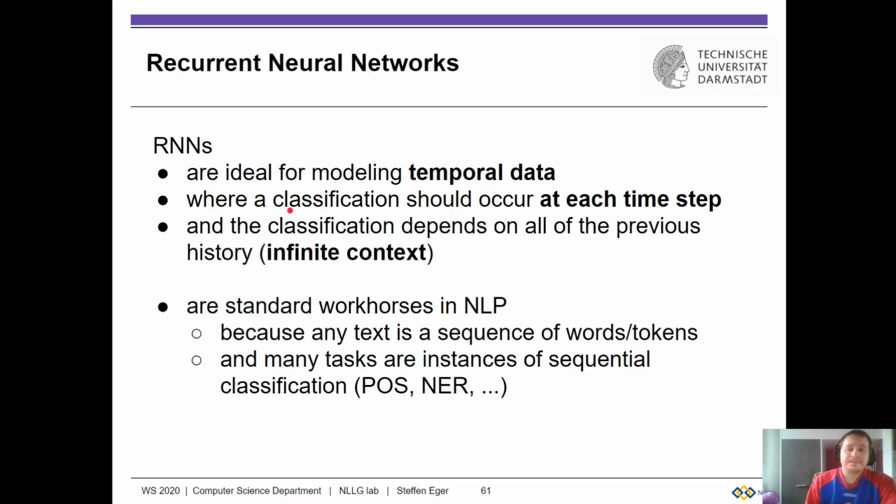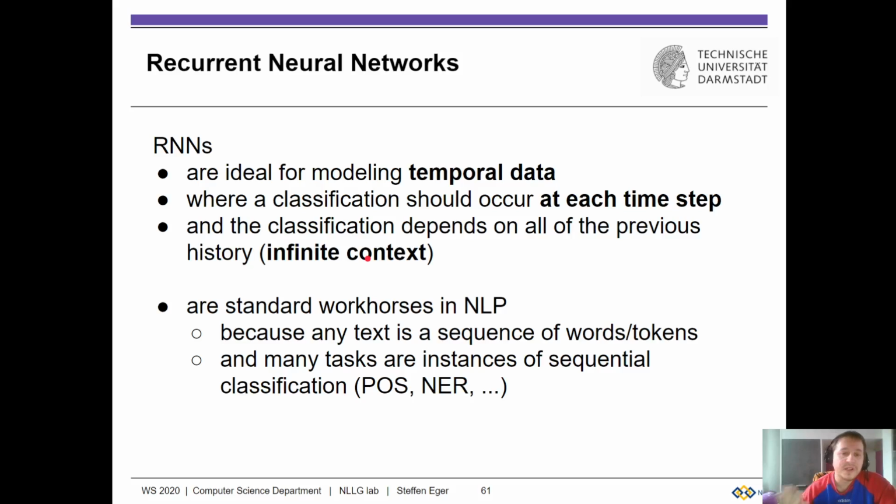So we have temporal data, and we want to classify a label at each time step, right? We don't want to classify the whole sequence, but each time step should get a classification. And oftentimes in NLP, this classification at each time step depends on all of the previous history. So you have an infinite context, at least in principle.